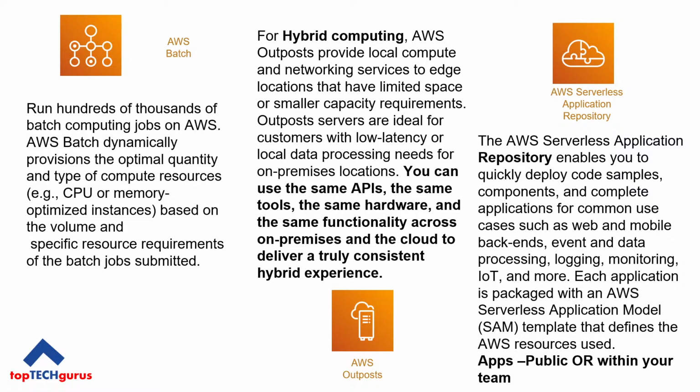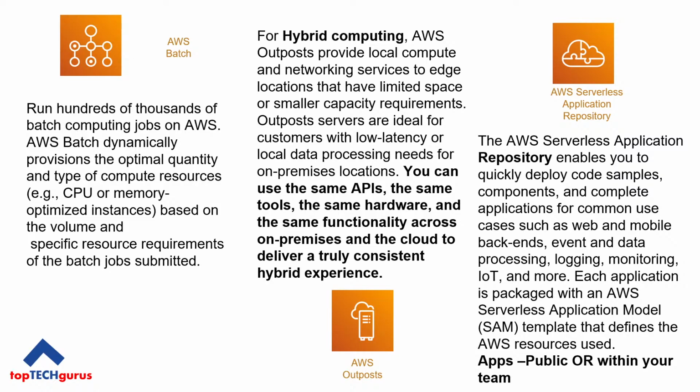The next one is AWS Outposts. This is needed for hybrid computing, and essentially Outposts is software that you install on your on-prem local servers. On your on-prem servers, AWS provides software that either an AWS person or an AWS third party, like a company that I'm working with, can come in and install.